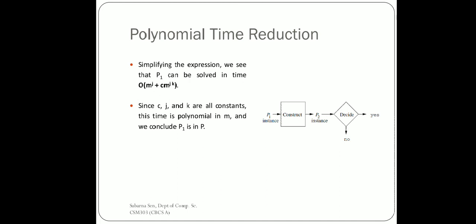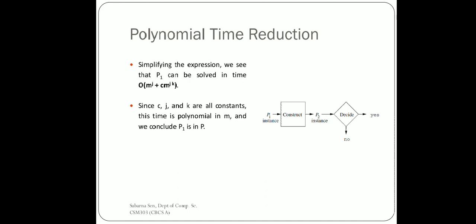And if we can design a construction algorithm which consumes polynomial amount of time for mapping the instances of P1 to P2, then since P2 executes in polynomial time and the construction algorithm also executes in polynomial time, the total decision can be taken in polynomial amount of time.